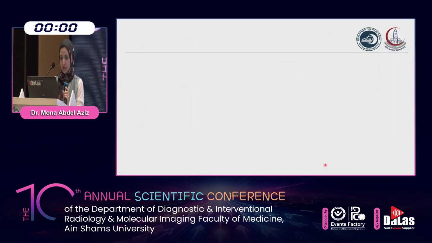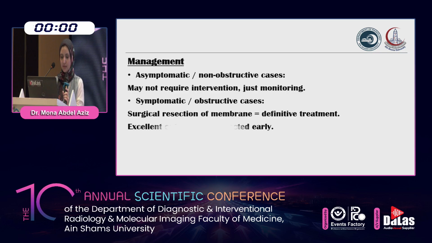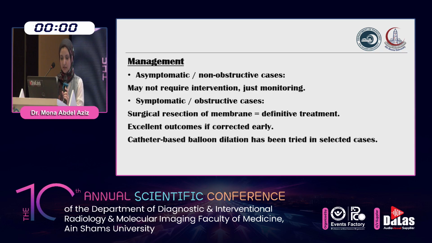So what is our management? Asymptomatic or non-obstructive cases may require no intervention, just monitoring, but in symptomatic cases, surgical resection is the definitive treatment for this membrane, with excellent outcomes. Or we have tried, in selected cases, catheter-based balloon dilatation.